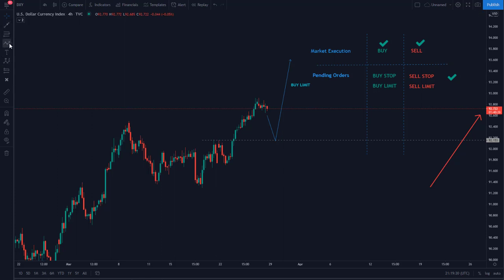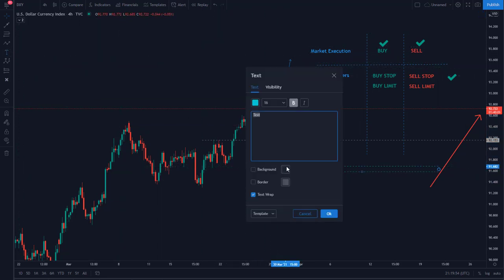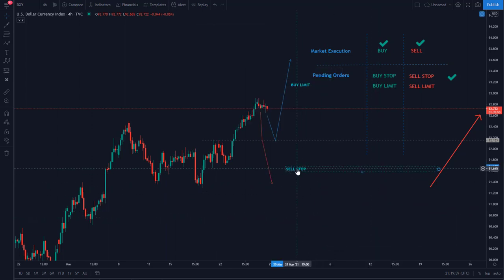Now, if we pick this, let's assume this is the current market price here, and we want the market to move in this direction and then continue downwards. This, my friends, as covered before, would be a sell stop. Clear, right?